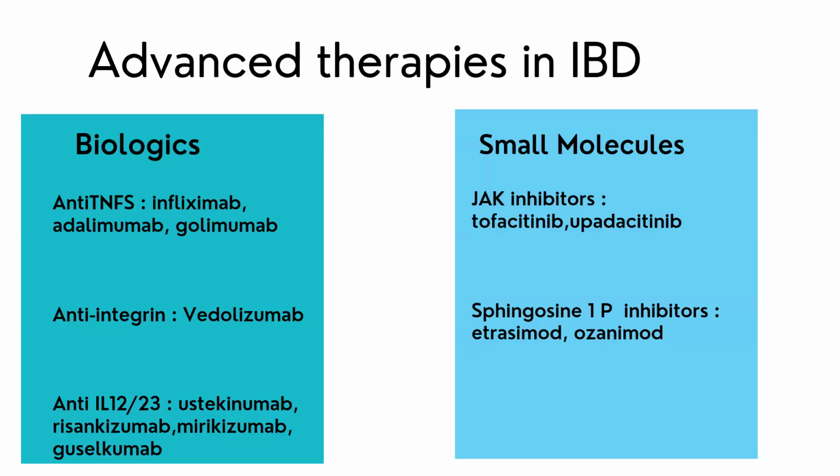The other group is the anti-integrins, which has one in the group, vedolizumab, but the other drugs in the group are used in other conditions, like natalizumab, which is used or was used before in multiple sclerosis. Then we have targeted therapy with anti-interleukin 12 and 23, where initially you have ustekinumab, but you have other drugs in the pipeline, including mirikizumab and risankizumab. For the small molecules, we have tofacitinib and upadacitinib as part of the JAK inhibitors. And the other group is the sphingosine 1-phosphate inhibitors, which have etrasimod and ozanimod.